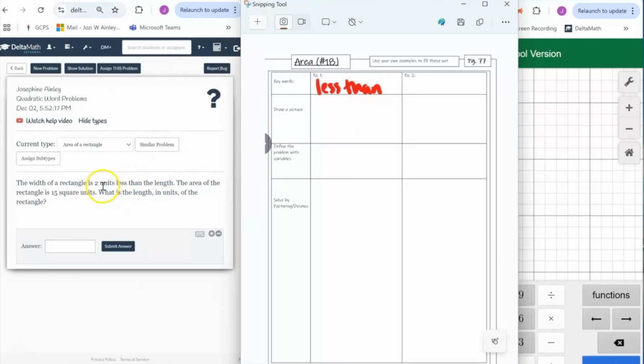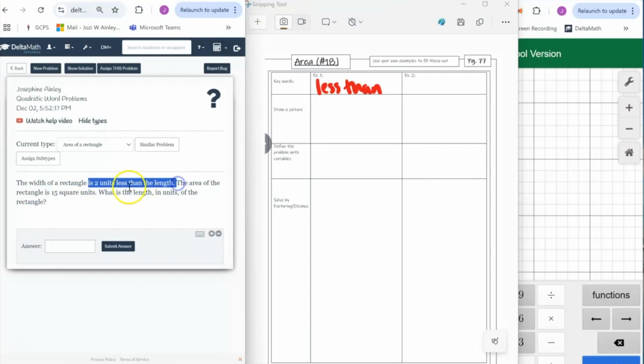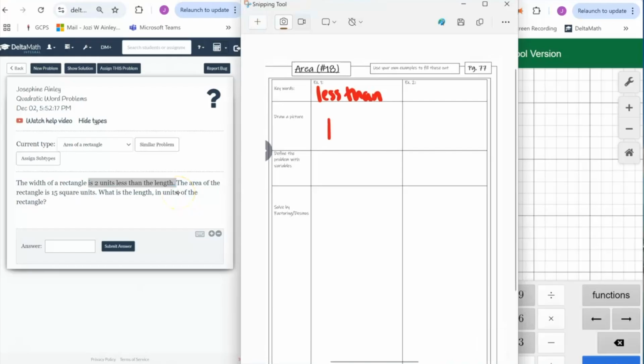So listen to this. The width of a rectangle, so W, right, is 2 units less than the length. So it's telling you, you're going to start with length and then you're going to subtract 2 because it's 2 units less. It's 2 units less than the length. So let's draw this picture. So you're going to have a rectangle. All right, so you have the width of the rectangle is this part, and then you have the length is this part.